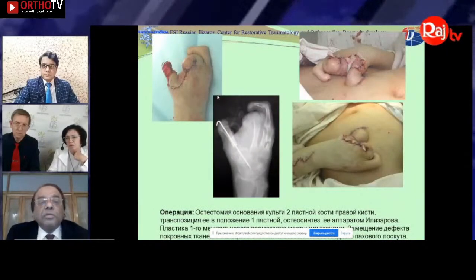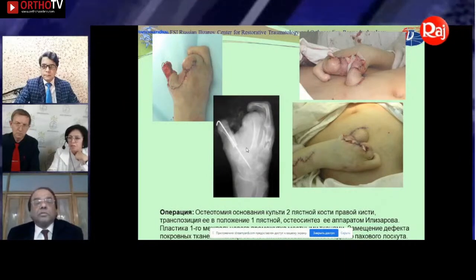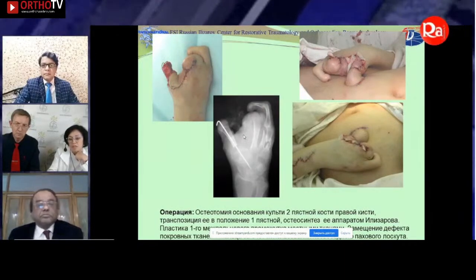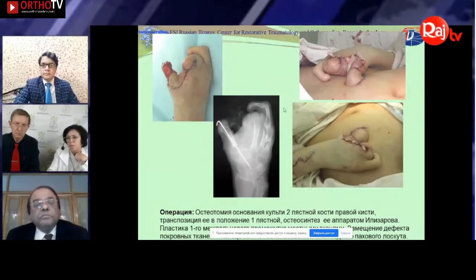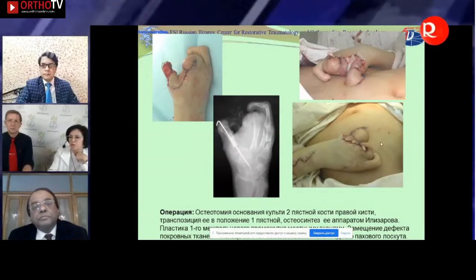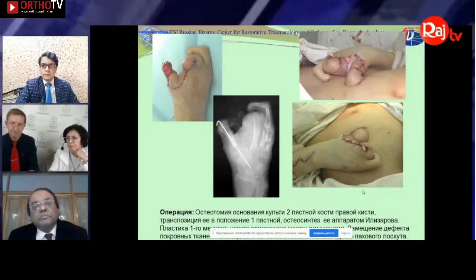And in this case I made the first ray, pollicization of the second metacarpal bone, and plastic with use of soft tissue from the abdomen.